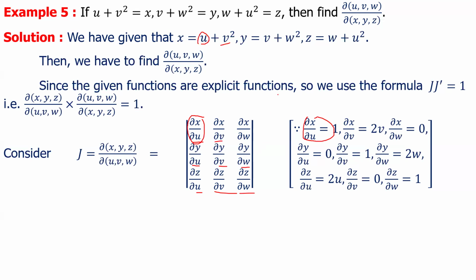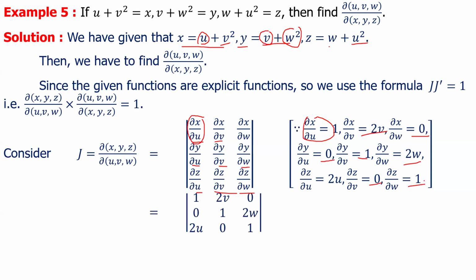Del x del v is 2v. Del x del w is 0 because this is free from w. Similarly, del y del u is 0. Del y del v is 1. Del y del w is 2w. And then del z del u is 2u. Del z del v is 0. And del z del w is 1.